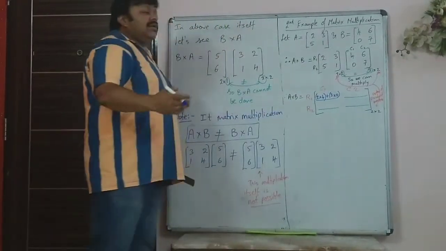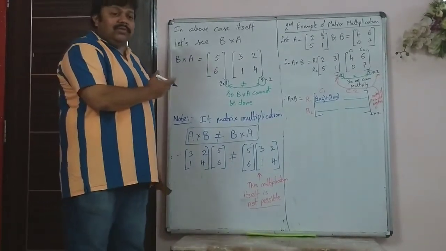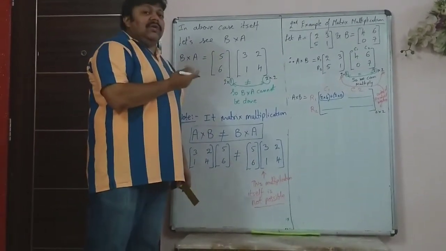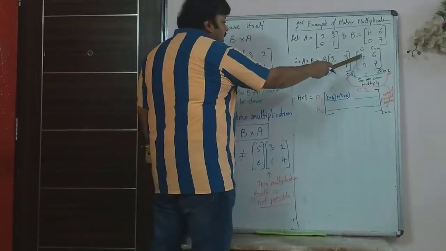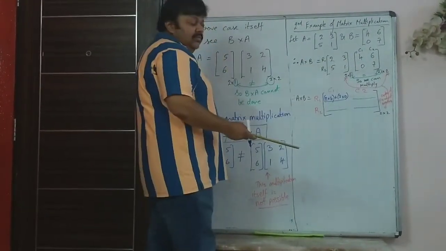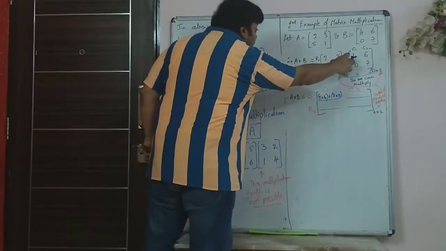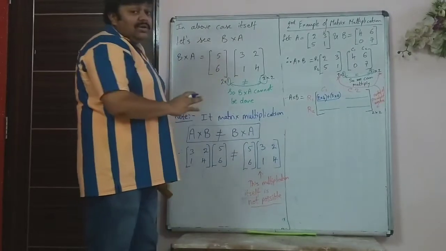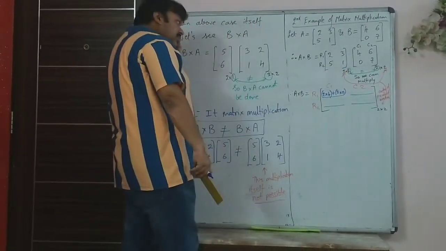I advise that you also write 2 into 4 and 3 into 0 at least for the first 2-3 sums. After that, once you are very thorough with the multiplication, you can write 8 plus 0. But I am writing one more step so that you are very clear. First element with first element, this requires practice, plus second element with second element.